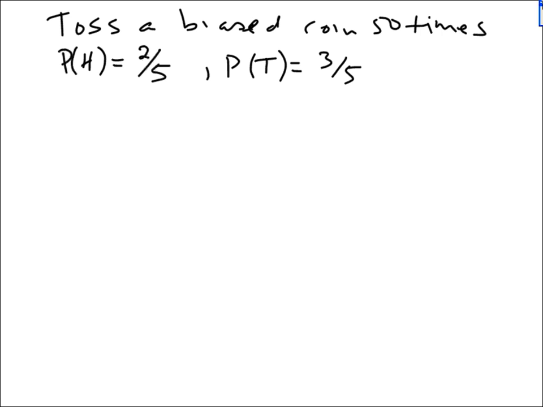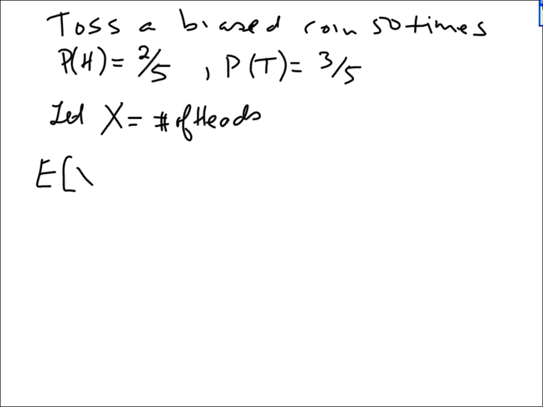Normally, if you toss the coin 5 times, in the long run, you get 2.5 tails and 2.5 heads, not 2 heads and 3 tails. And suppose we defined a random variable x to equal the number of heads. Okay, what is the expected number of heads to come up if you toss the coin 50 times?